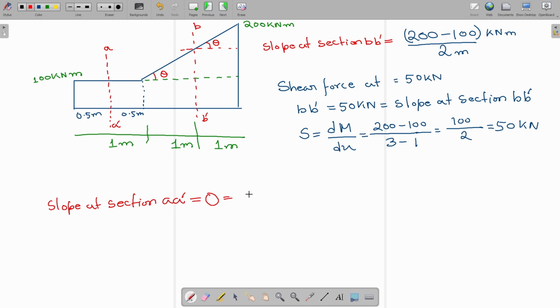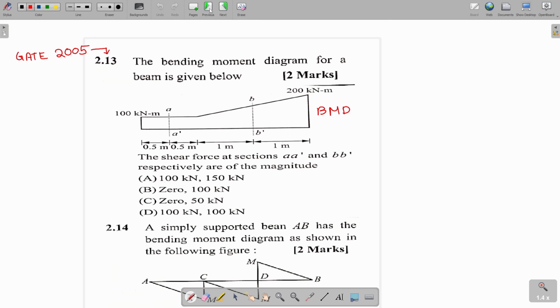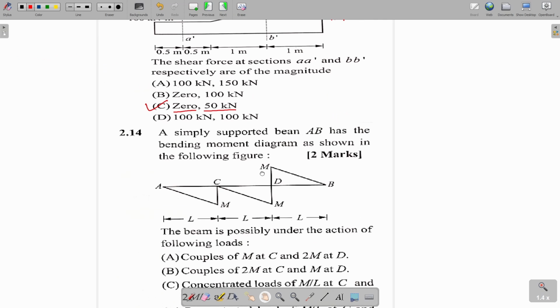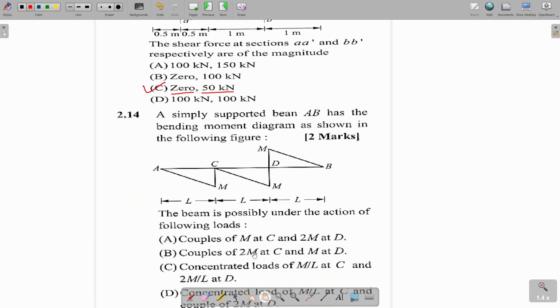Therefore, this is the shear force at section AA dash. Our required answer is 0 and 50. So, our option is option number C, 0 and 50.